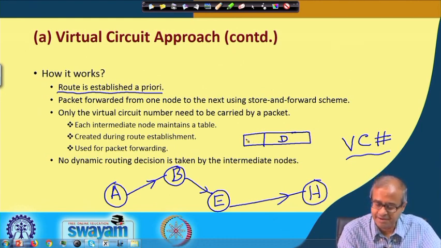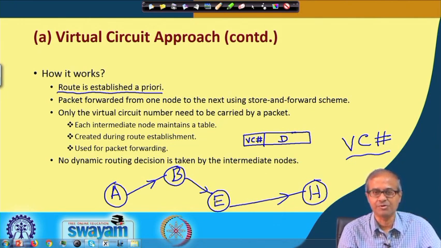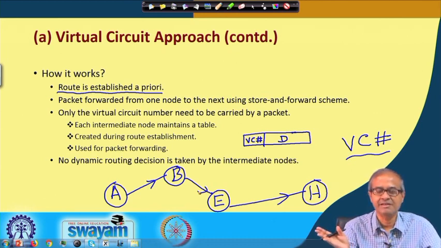Now, in the header only the virtual circuit number will be kept, because this node B will know, because the circuit has already been established, that if I am talking about virtual circuit number 2, then this is the path to be followed. So, it will automatically forward that packet along that virtual circuit number which you have specified.